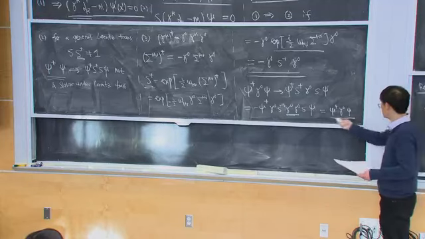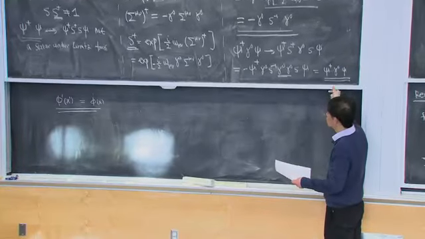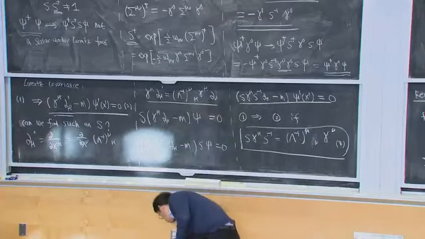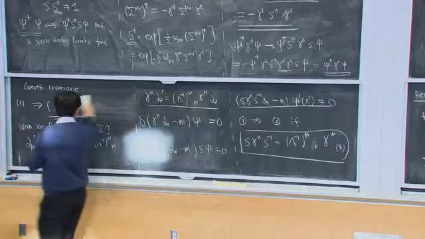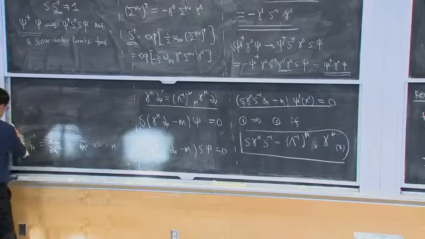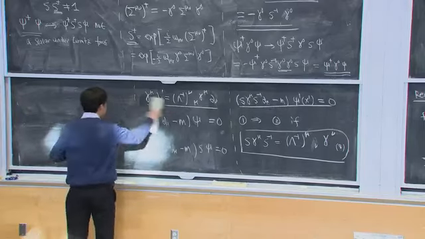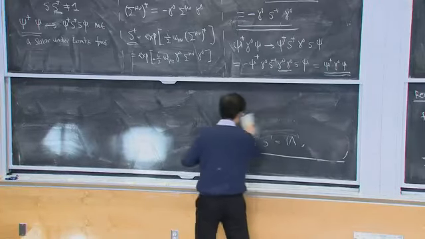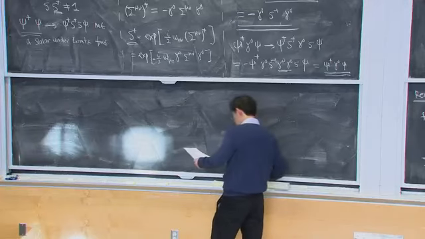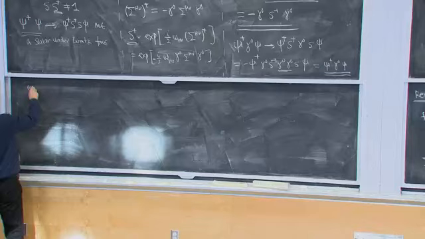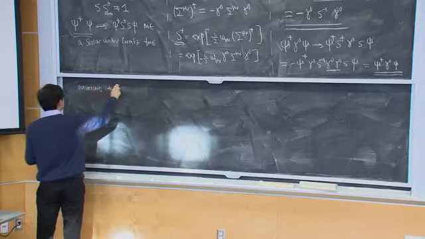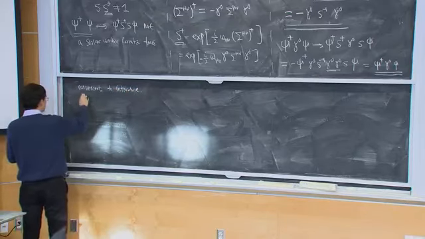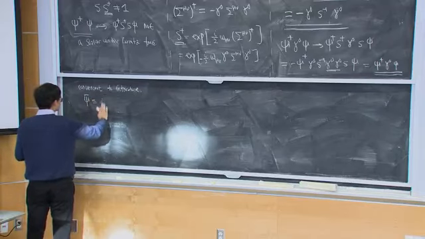So now we find a nice Lorentz invariant quantity. Since we use this all the time, it's convenient to introduce a new notation. We call psi bar equal to psi dagger.